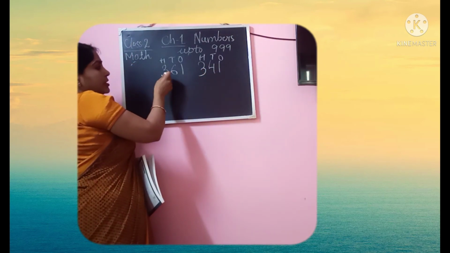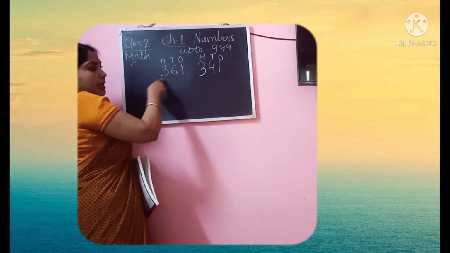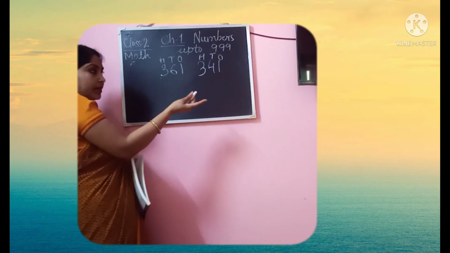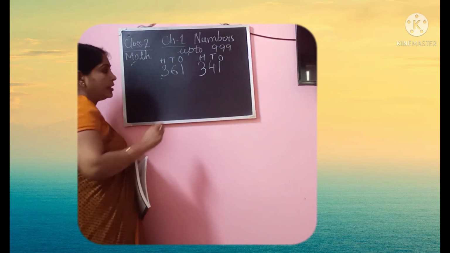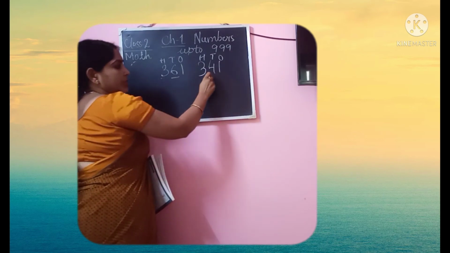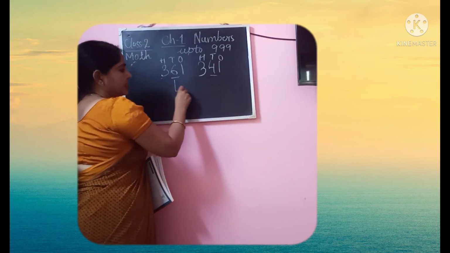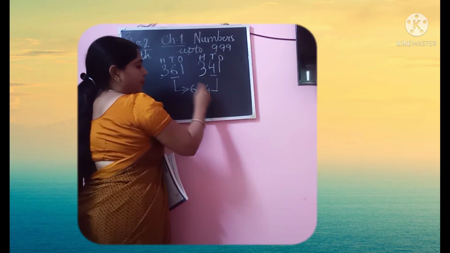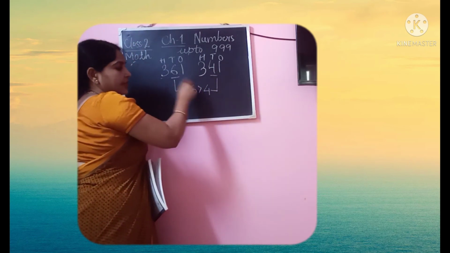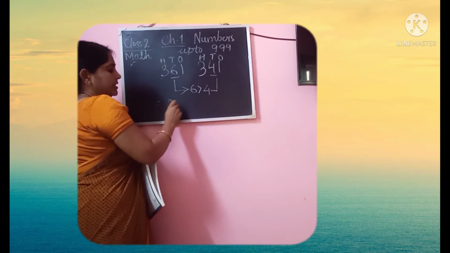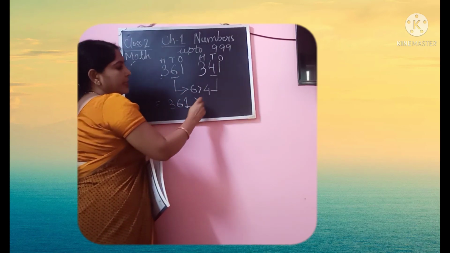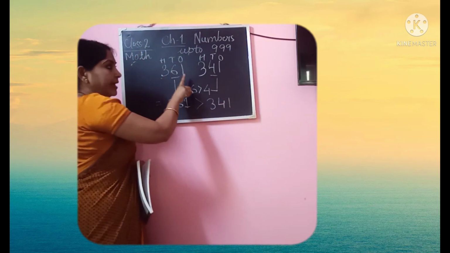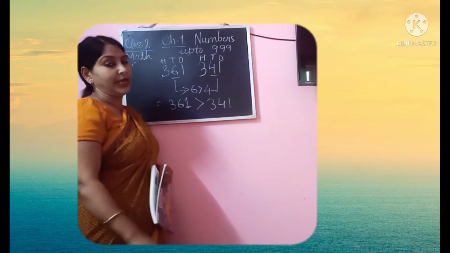See here, in the hundreds place, both are having the same number. Then what do we do? Then we move to the tens place. So in this we have 6 and here we have 4. Which is greater? 6 is greater. Therefore we can say 361 is bigger than 341. So likewise we keep on comparing the place values.